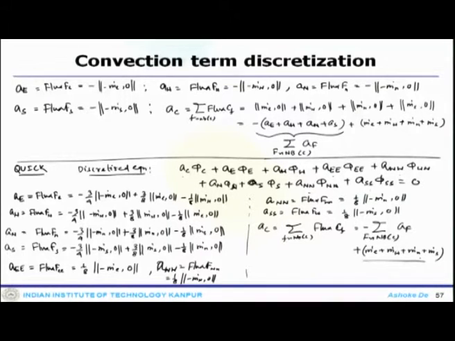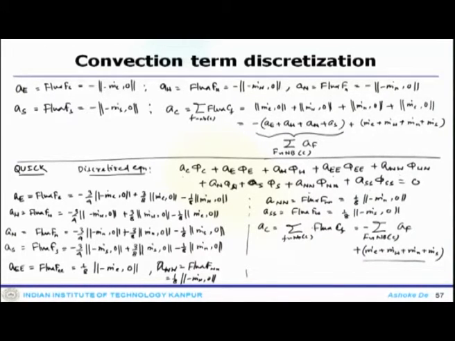If you get these things and the equation system, if you look at it from the standard first order upwind scheme to the QUICK scheme, you get this extra term. Now, if you look at both the discretized equations, they are used for pure advection problem.